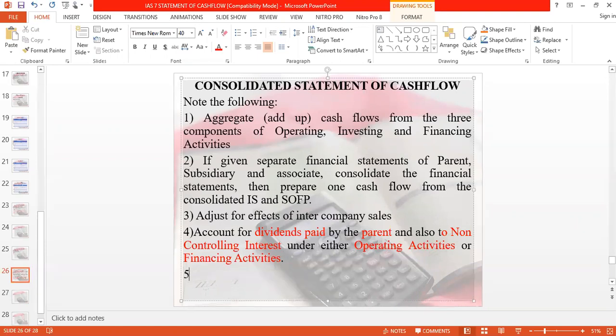Point number 5. Dividends received from associate. You know, these are terms used in consolidation. We are preparing the consolidated statement of cash flows. So dividends received from associate are put in investing activities.